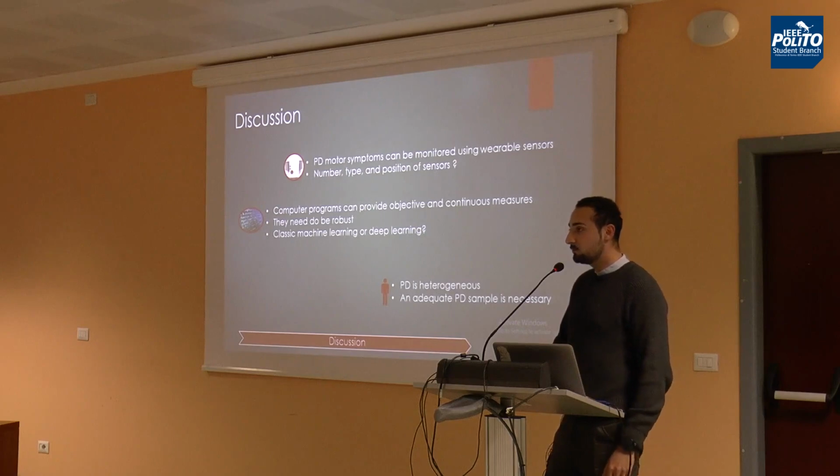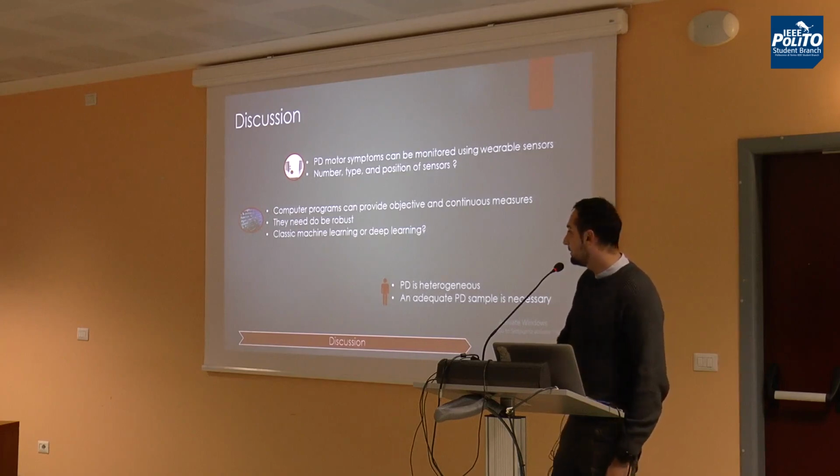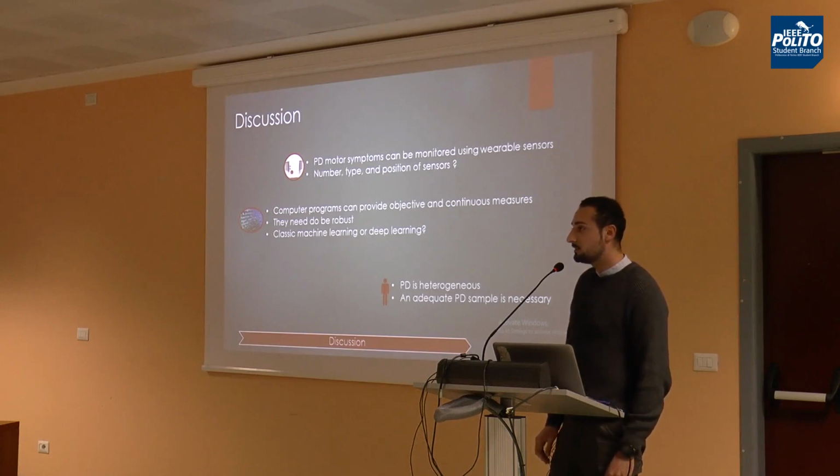We also have to choose between classic machine learning and more sophisticated deep learning, which in turn is less interpretable. And finally, I have to say that Parkinson's disease is a very heterogeneous disorder, so a very large number of patients is required for making the algorithms work properly.